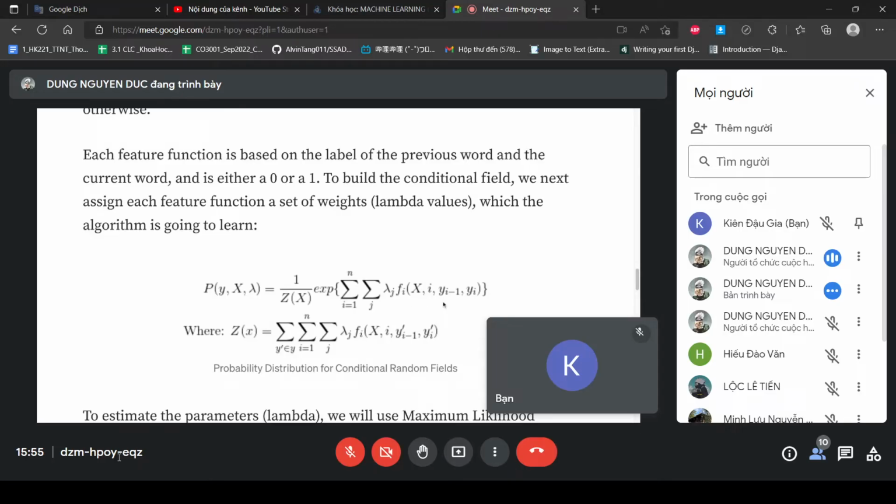So the sum over this gives you an idea about how we measure the occurrence of a feature in our input sequence. For example, I have a sequence, say, "I go to school." The first one is the feature of a noun followed by a verb.